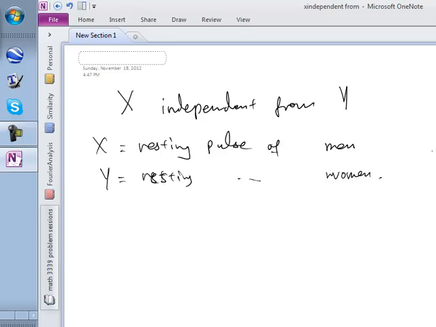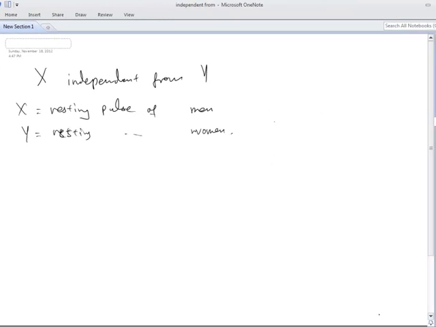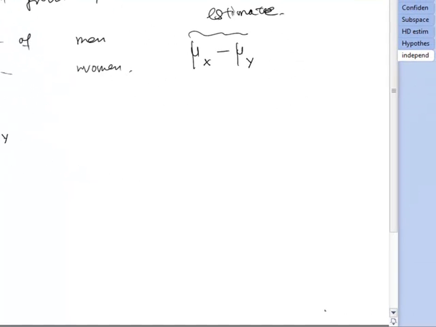We assume that these are independent, and what we want is to estimate the difference of the two means, which is the mean of the difference X minus Y.